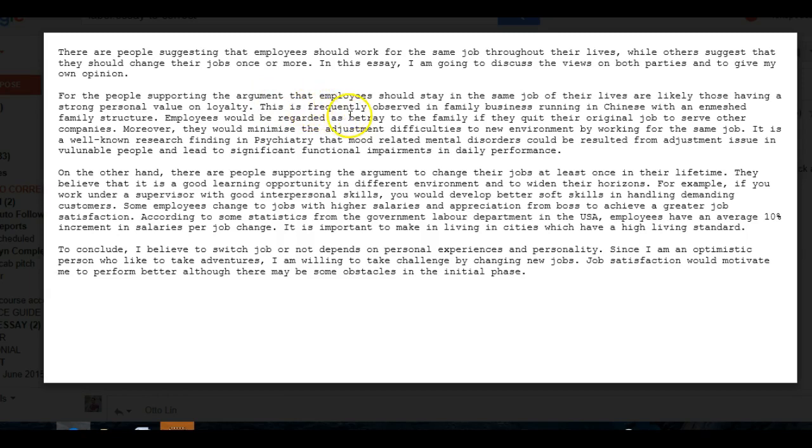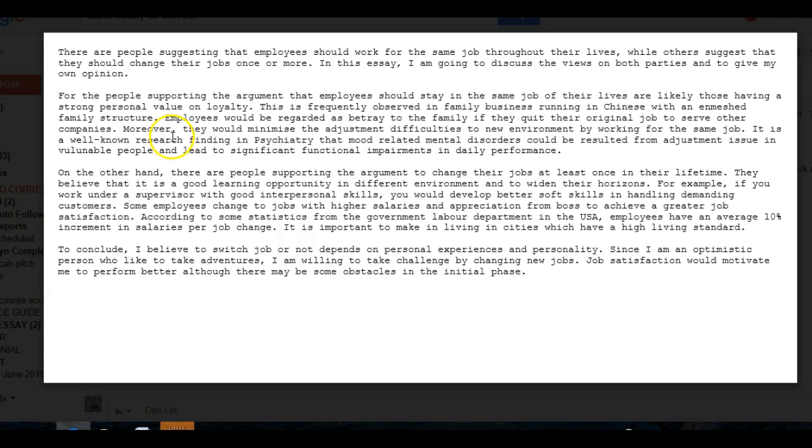This is frequently observed in family businesses running in China with an enmeshed family structure. Employees would be regarded as maybe betrayers or maybe traitors to the family if they quit their original job to serve other companies.